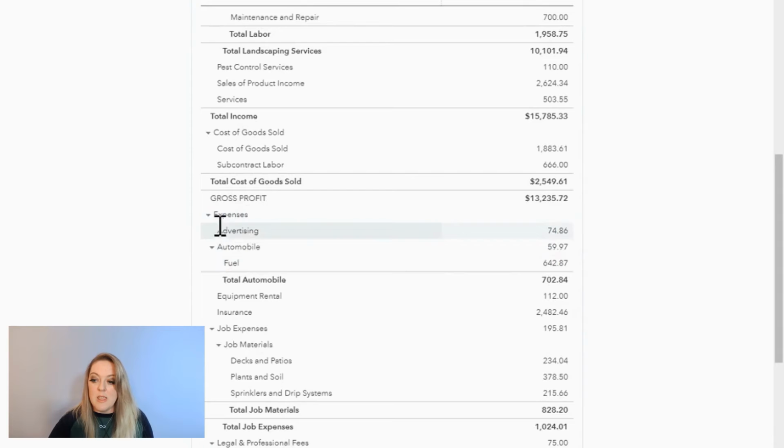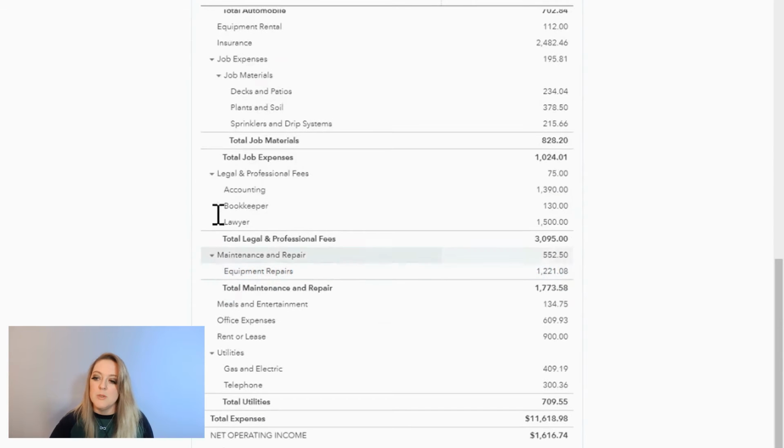So you'll see here that they have several different options for categories of expenses, and then you have your total expense line. Below your total expense line is net operating income. Now this is another math equation. It's your gross profit less your total expenses gives you your net operating income.